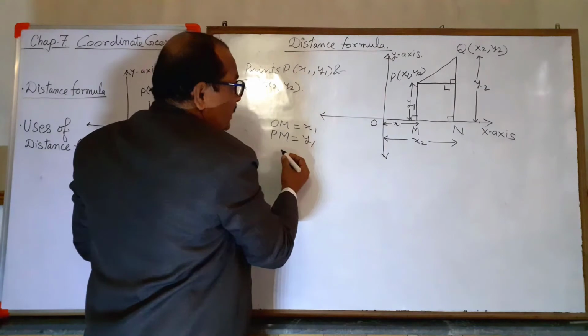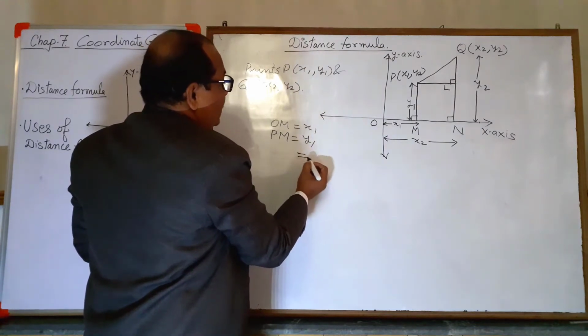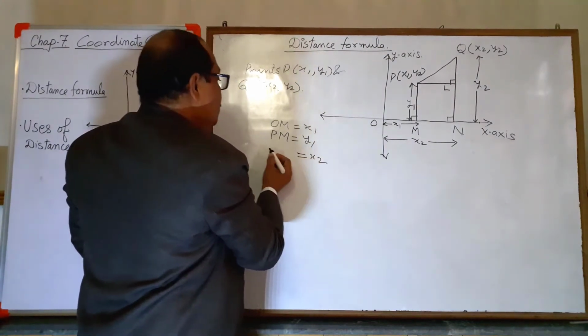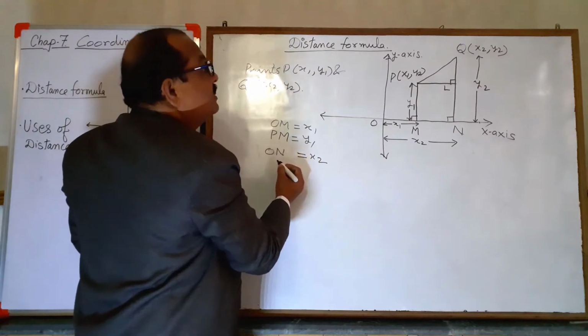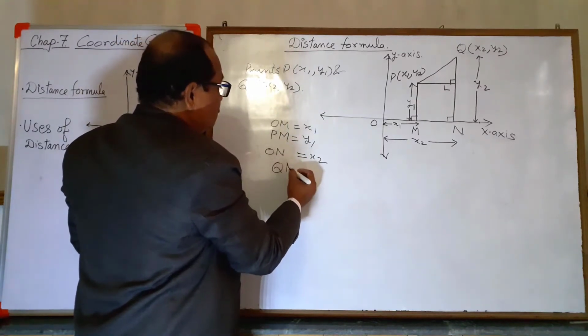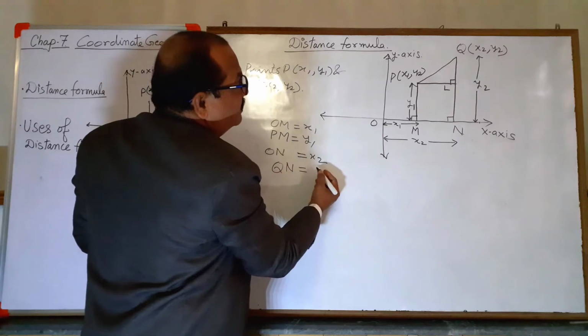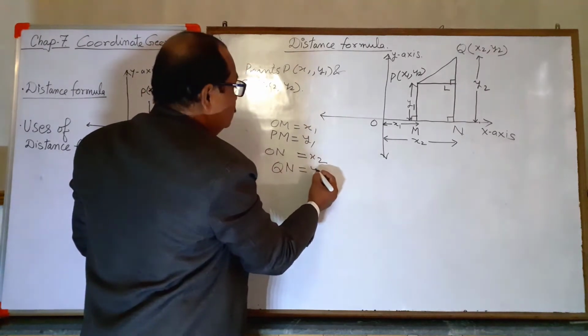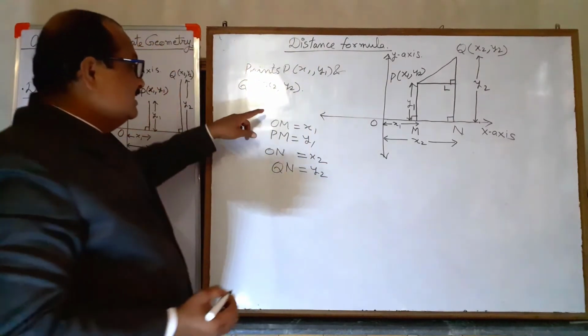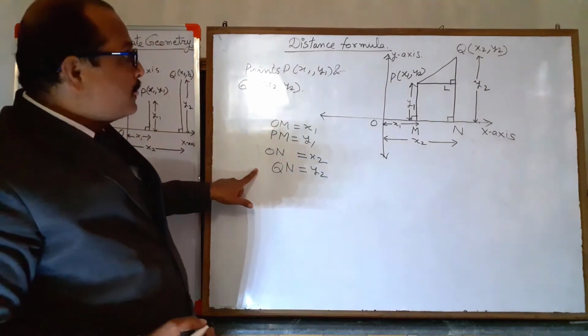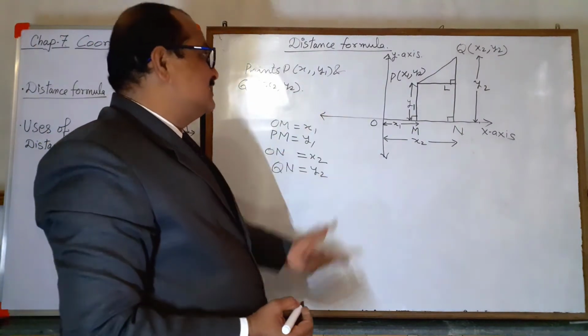Similarly, you can write about the x2. What is x2? x2 is ON and QN. You can write about the QN is y2. On this information, you can find some distances.